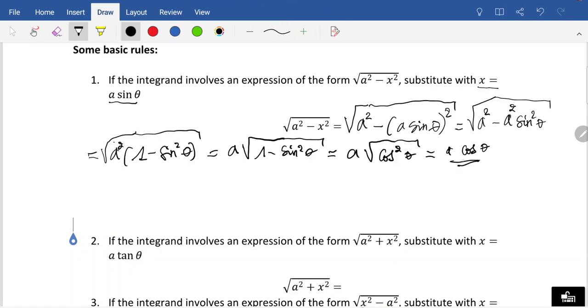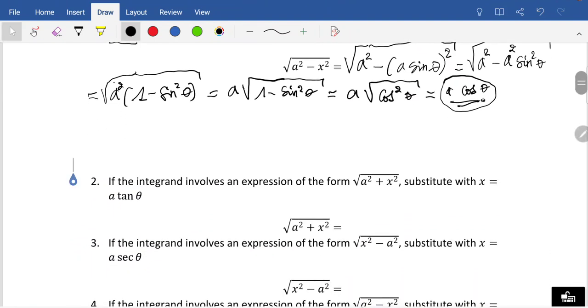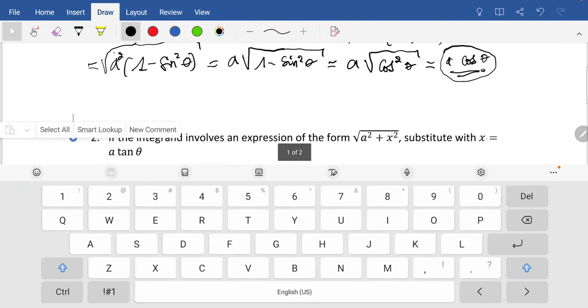And then when we have this form, we can easily do the integration of a form such as this one.